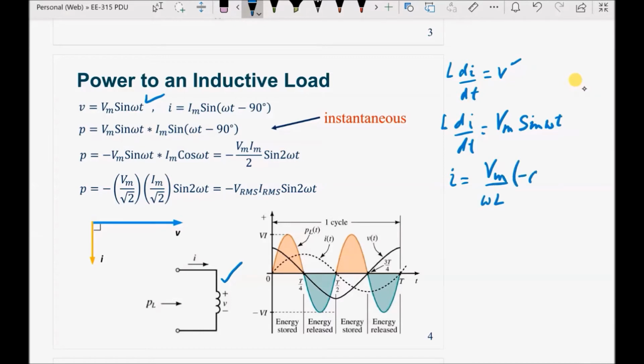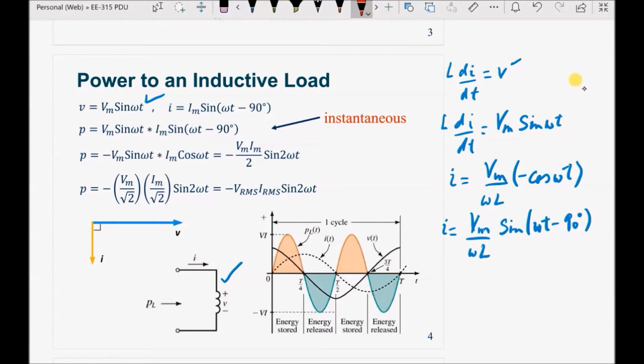Minus cos omega t, and this can also be written in the form of sine, and in that case it will be Vm over omega L sine omega t minus 90.